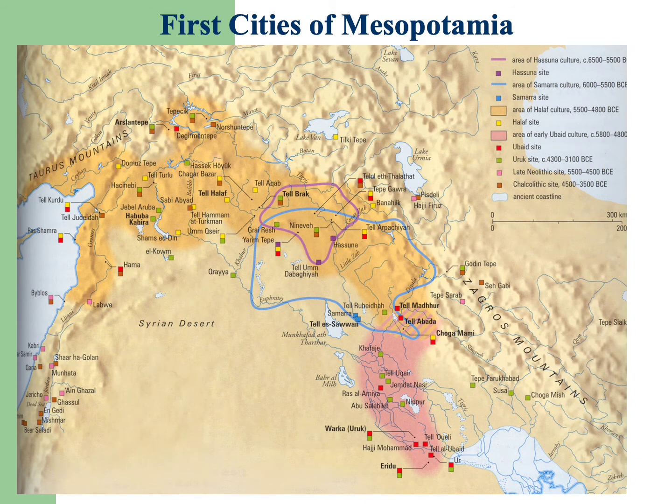So the first cities in Mesopotamia are the ones that are in the sort of Ubaid period. You see some of these sites, but really it's the sites from the Uruk period, from about 4300 to 3100 BCE.